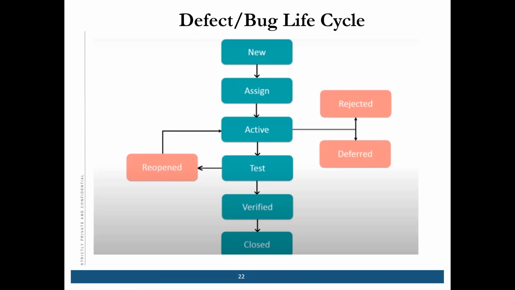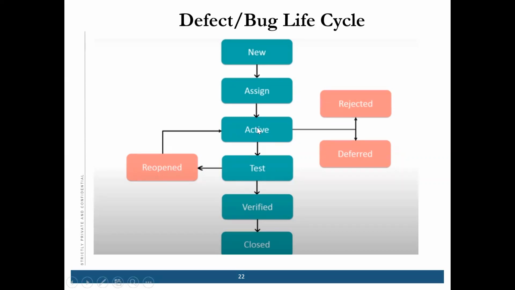In this build we are not going to solve this problem, but later we will make it active again and then solve it. So it is deferred. This activity is done by the developer, who accepts the defect and makes it active.